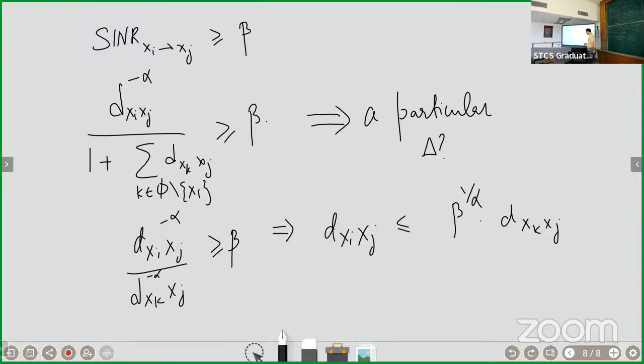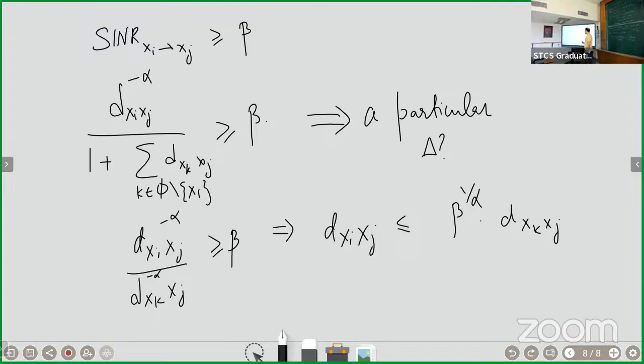That's correct. 1 by beta to the power 1 by alpha. Understand? So the minus 1 I have to adjust, because I want 1 plus delta. Here I am only getting beta to the power 1 by alpha. In the protocol model, there was a 1 plus delta.